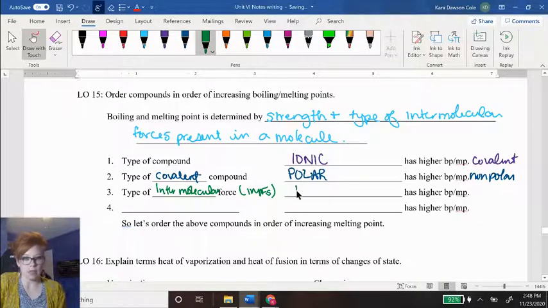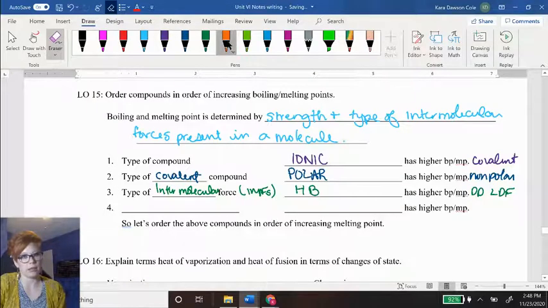A hydrogen bond, so an H bond, is going to have a higher boiling point or melting point than a dipole-dipole or a London dispersion force. London dispersion force is going to be the lowest, dipole-dipole a little bit higher, and then hydrogen bonding is going to be even higher.